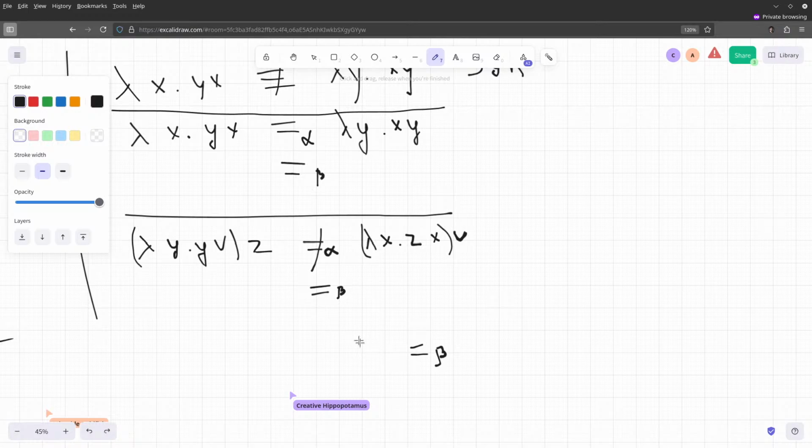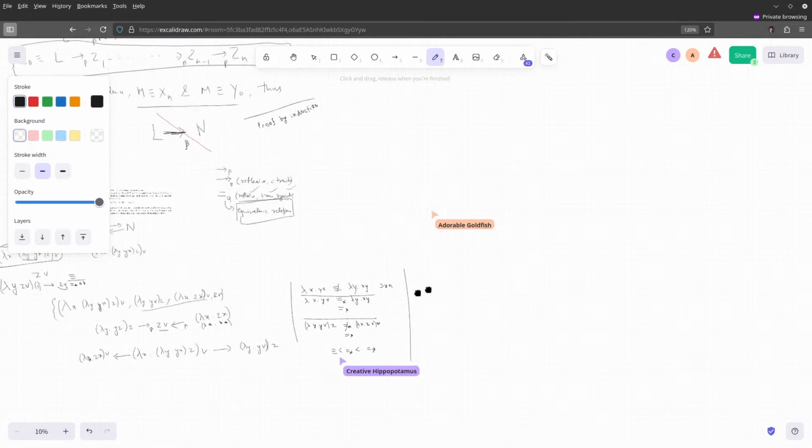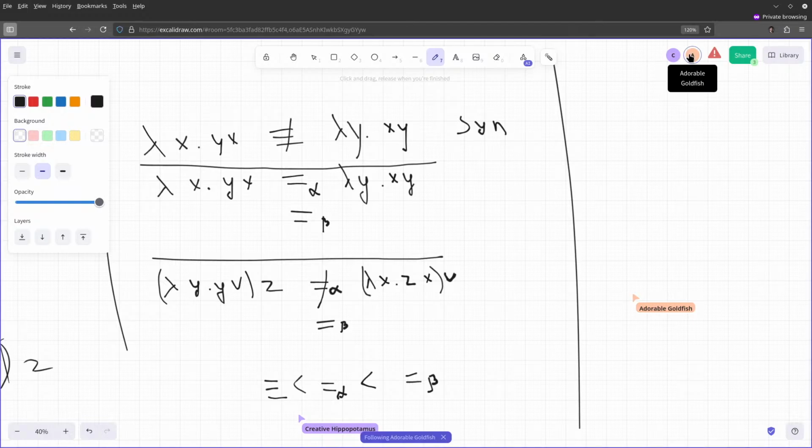Beta reduction is powerful, but there is also alpha equivalence, and then syntactical equality. Yeah, I'm done. Sorry. No, that's good. This is good.